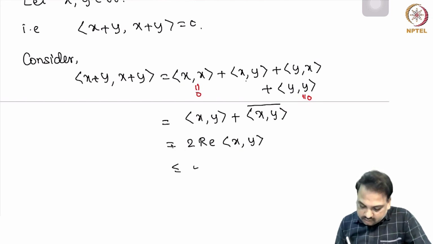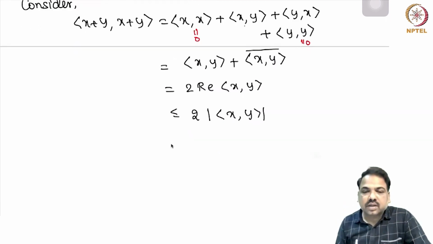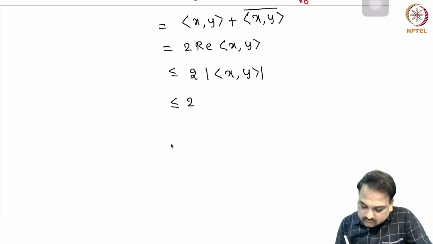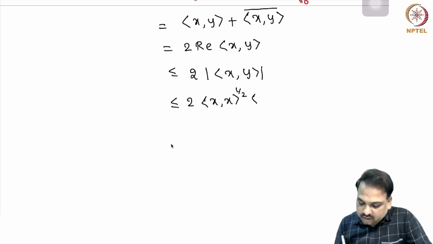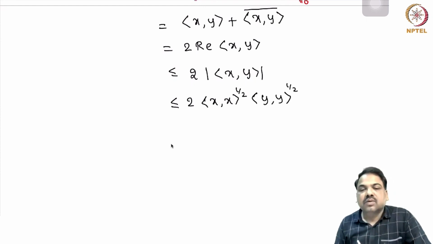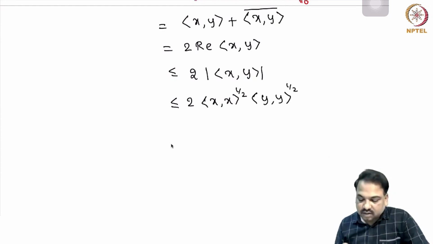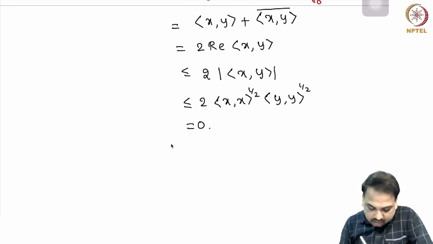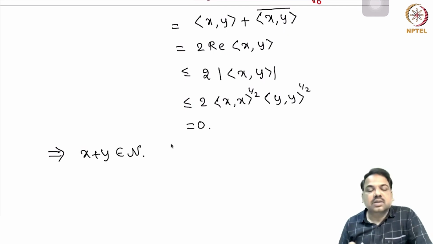Now this is less than or equal to 2 times the modulus of the semi-inner product of x with y. Now by the Cauchy-Schwarz inequality for semi-inner product spaces, this is again less than or equal to 2 times the square root of the semi-inner product of x with itself multiplied by the square root of the semi-inner product of y with itself. We know that x is in N and y is in N, so the right hand side becomes 0. So from this we can conclude that x plus y is in N.